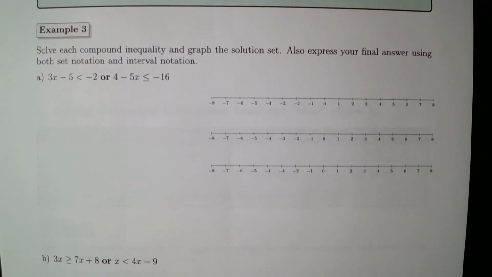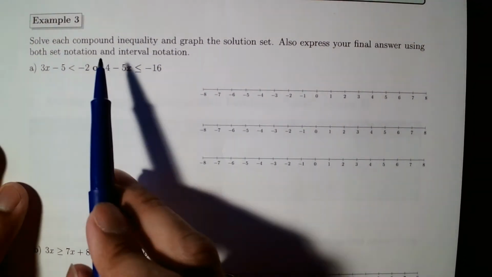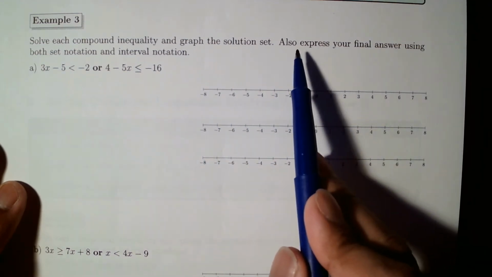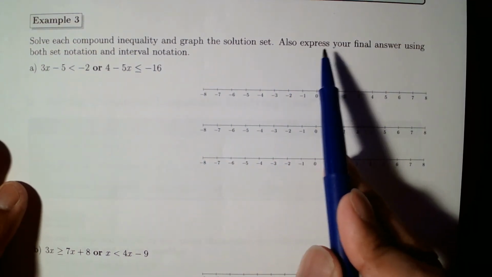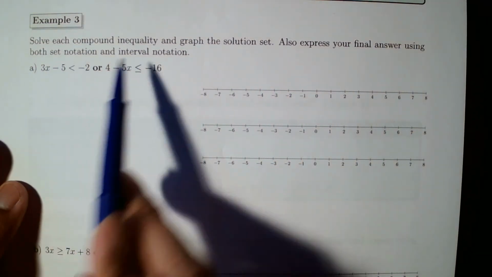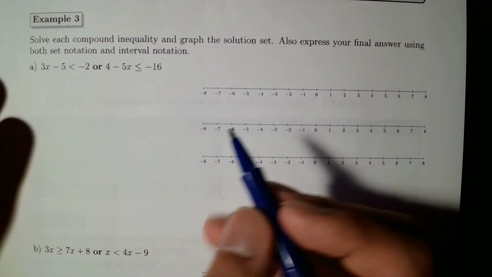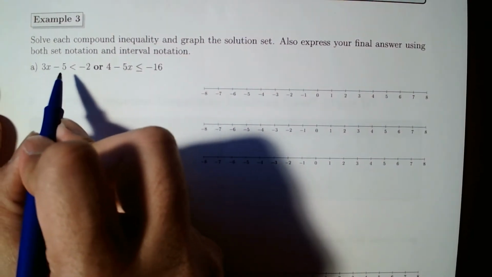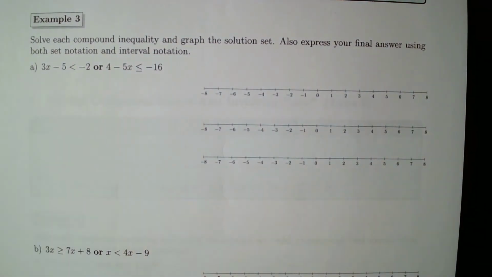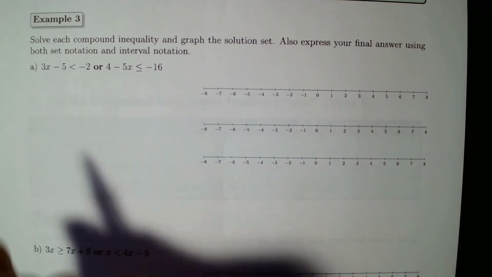So what do we have here? Solve each compound inequality and graph the solution set. Also express your final answer using both set notation and interval notation. So let's see. I'm going to solve this inequality first. I need to get x by itself.